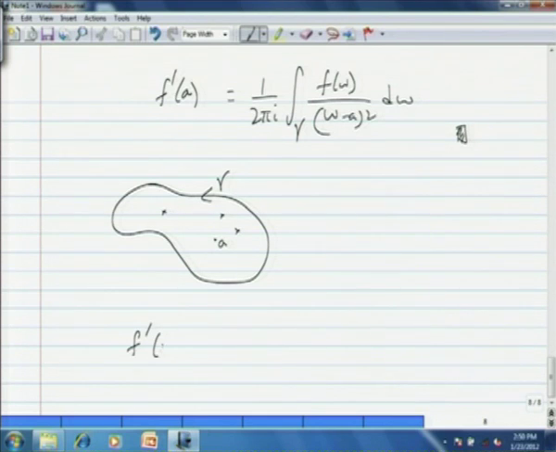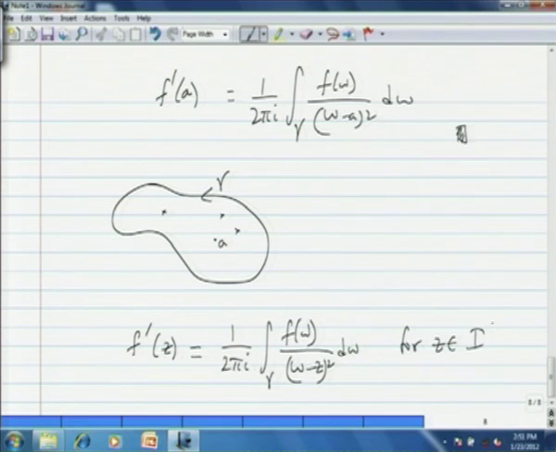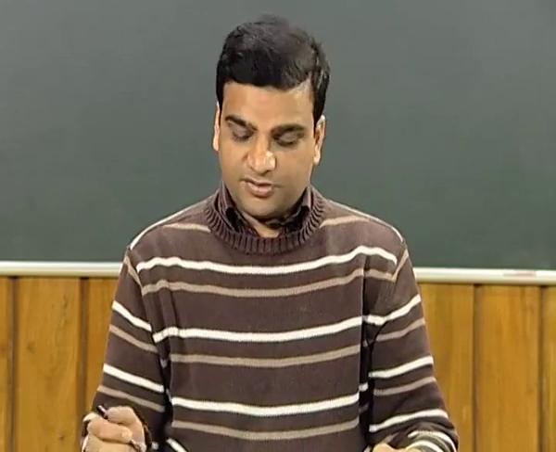So, we usually write this formula as f prime of z, just to remind you that it is a variable point inside the simple closed curve gamma, equal to 1 by 2 pi i integral over gamma of f of w by w minus z squared dw for z belonging to the inside of the simple closed curve gamma. And notice that gamma should be oriented in the positive sense, and of course, a simple closed curve.